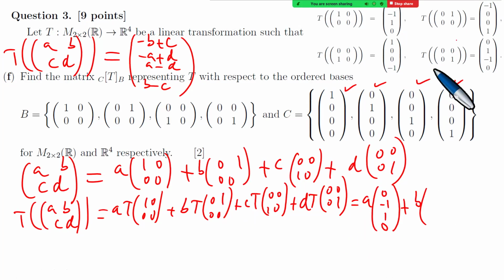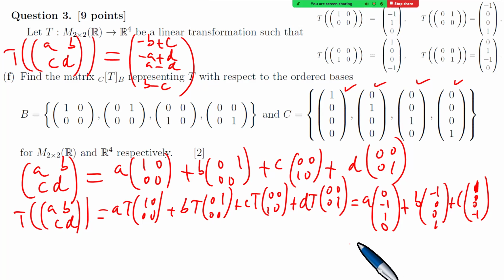Like the 0, 1, 0, 0 would be minus 1, 0, 0, 1. Good. And then the C, 0, 0, 1, 0, is 1, 0, 0, minus 1. D would be the last one, 0, 0, 0, 1, which is 0, 1, minus 1, 0.